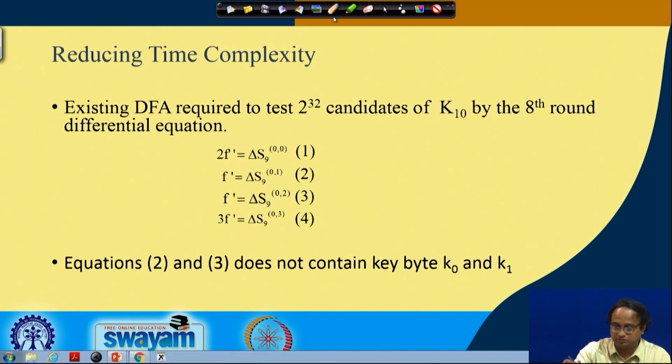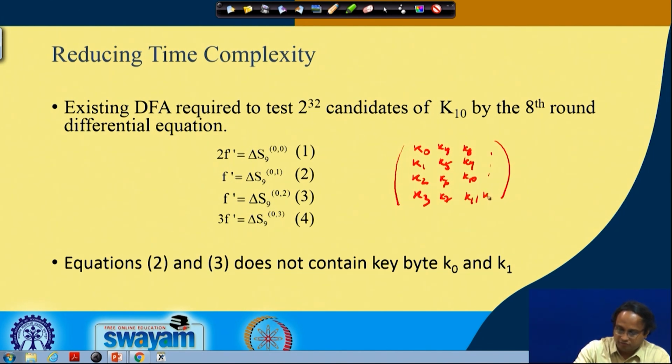The way I showed the key bytes was by rows and columns. Another naming convention is this way: K0, K1, K2, K3, K4, K5, K6, K7, K8, K9, K10, K11 and so on till K15. Okay.